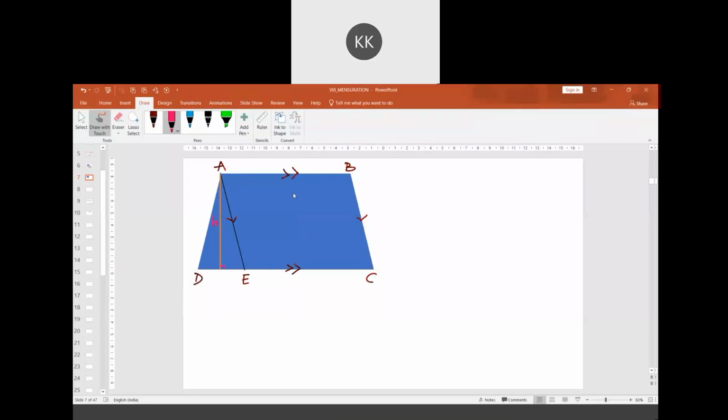Because this distance will be same. So area of the triangle ADE, when we add it to area of parallelogram ABCE, we are going to get area of trapezium.